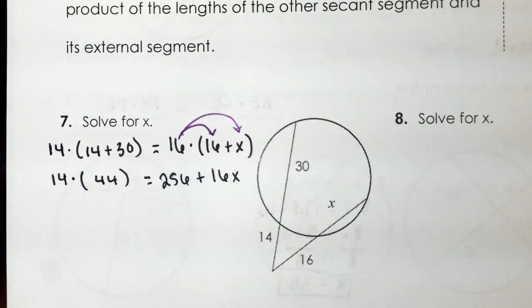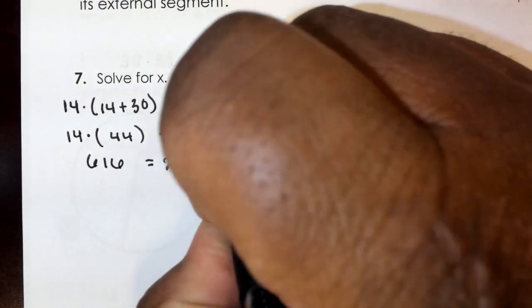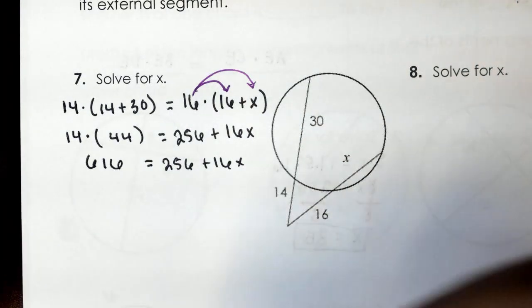Zoom in a little bit more. 14 times 44 is 616. 256, 16x, two-step.